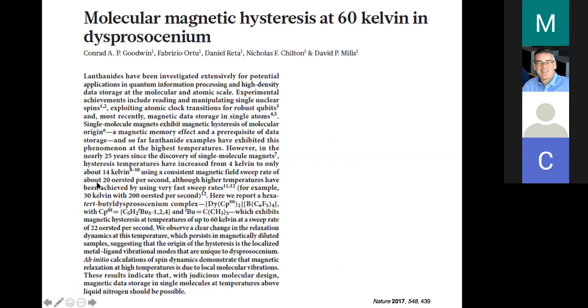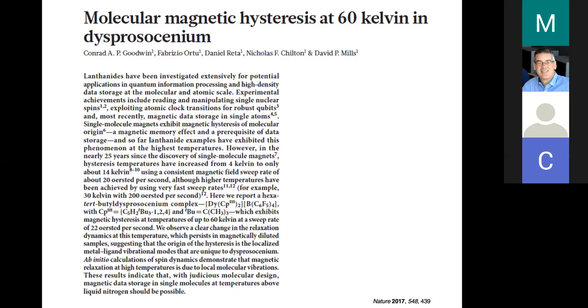Prior to this work, as they say, the largest activation barriers and hysteresis temperatures were, this isn't quite accurate, but on the order of 14 Kelvin. They were around 14 Kelvin, meaning you only saw magnetic hysteresis below about 14 Kelvin. But here they're showing that with this dysprosium complex, they can see magnetic hysteresis at temperatures up to 60 Kelvin. Right? And so that's a huge leap forward in terms of magnetic properties.